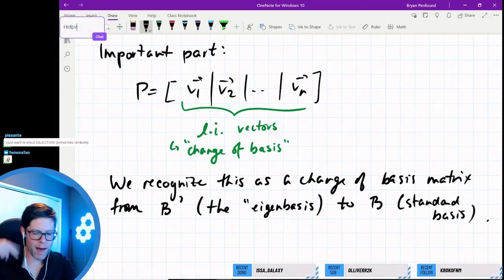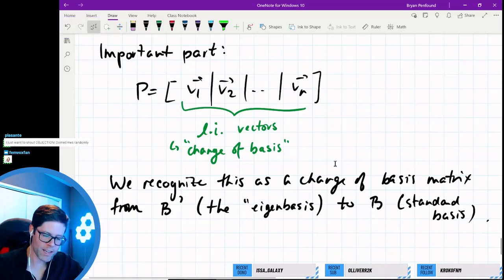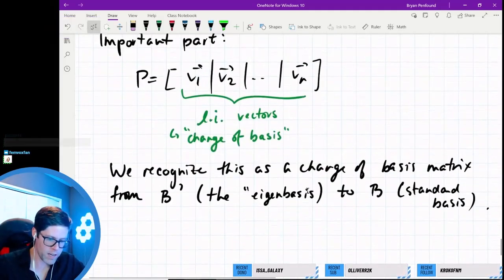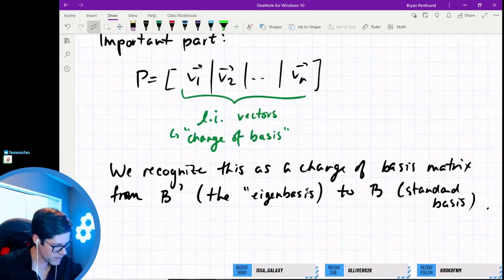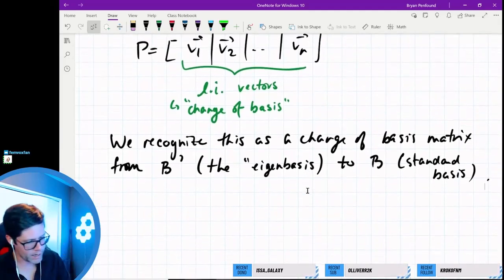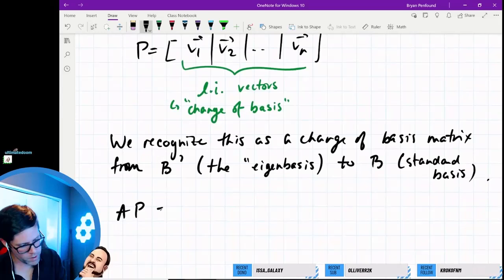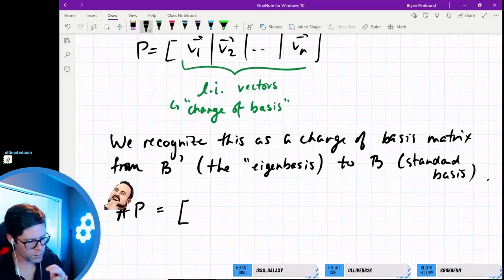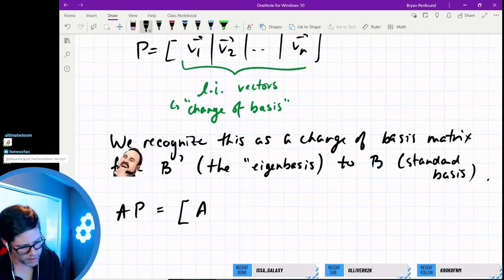And kind of in the background, the tools that we were using, everything's been done in the standard basis with our analysis. So this matrix P should convert us from the eigenbasis that we have back to our standard basis. And then we're just going to go ahead and multiply A by P. So if we left-side multiply by A, we should end up getting something that looks like this as our columns.